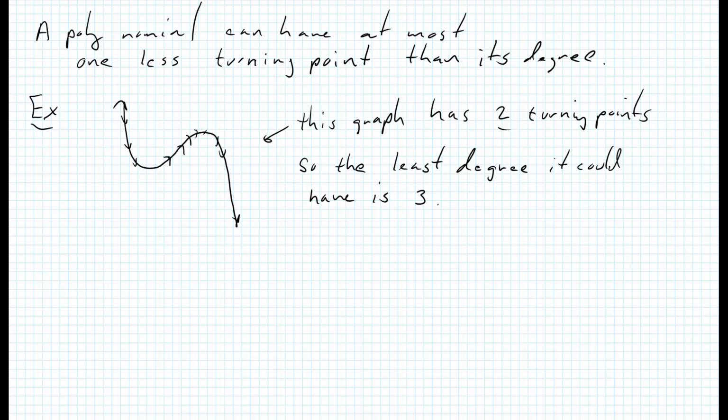I don't like the way it's worded in my notes. The total number of maximums and minimums, so local maximums and local minimums, right?